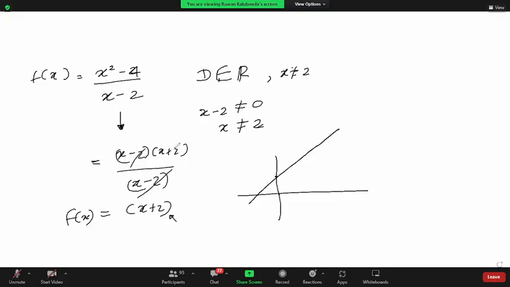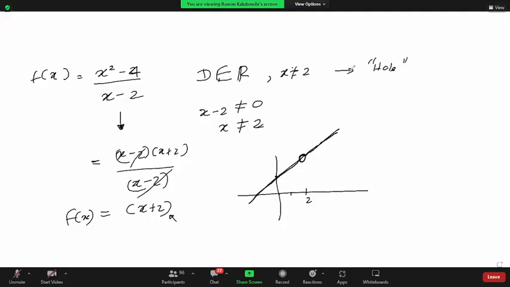If we draw a graph for this function, at x equal to 2 we have to remove this point from the function. That means the function is discontinuous at this location, so we have to put a hole here. So in this case, x equal to 2, we call it a hole.